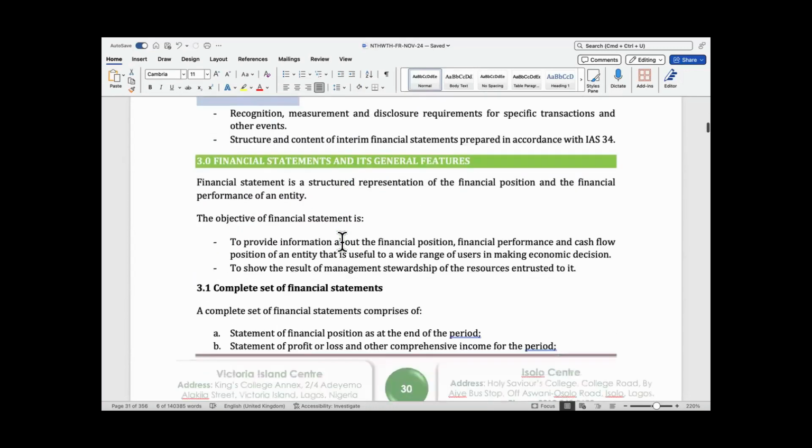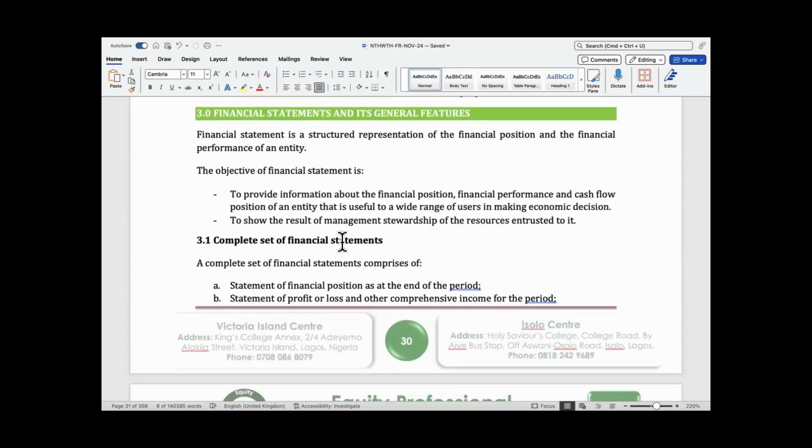Now, having understood that what we want to learn in IAS 1 is presentation of financial statements, you need to understand that a financial statement itself is a structured representation of the financial position and financial performance of an entity.